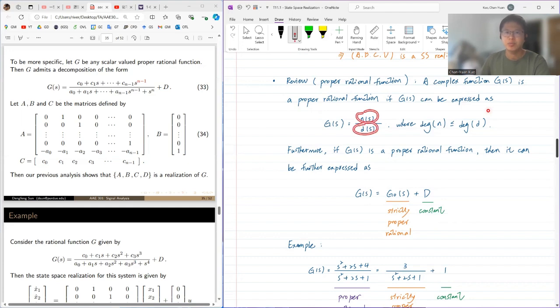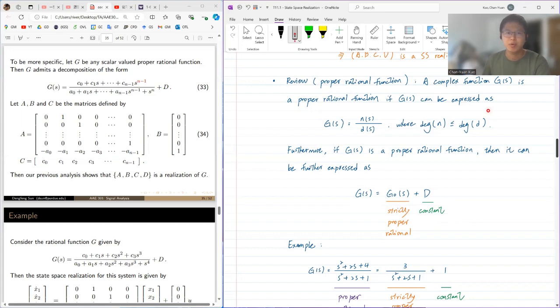And the degree of the numerator polynomial N(s) cannot be greater than that of the denominator polynomial. Furthermore, note that any proper rational function G(s) can be expressed as a sum of a strictly proper rational function G0(s) and a constant d.